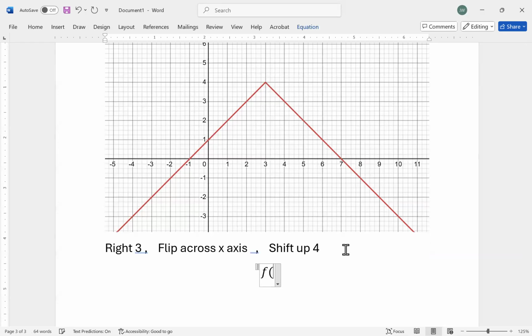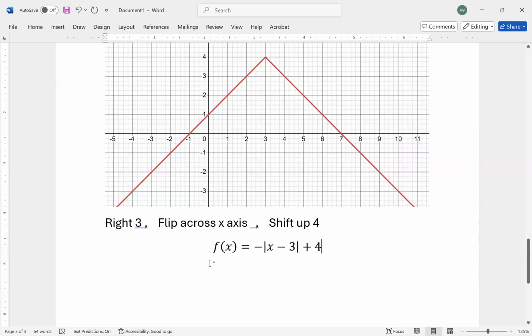That means I can take my function, again, my base function was absolute value of x. Shifting it right 3 would be an x minus 3 inside of the absolute value. Flipping across the x-axis would be putting a negative in front of the absolute value. And then shifting it up 4 would be a plus 4.